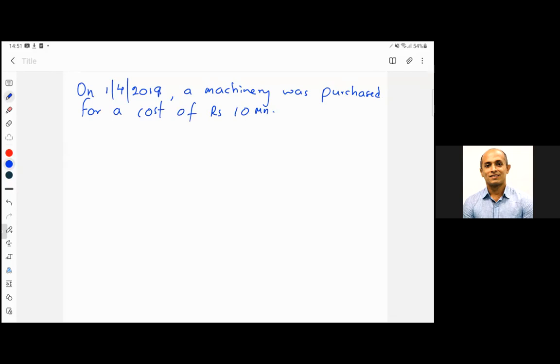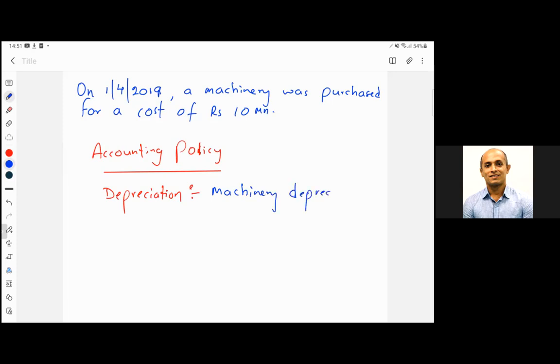Now let's say the company's depreciation accounting policy says this machinery is depreciated over 5 years.